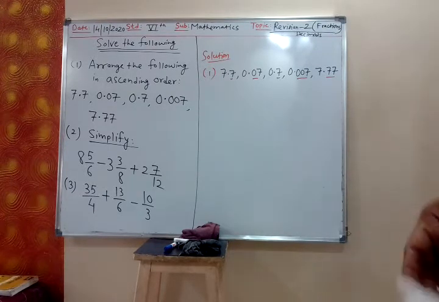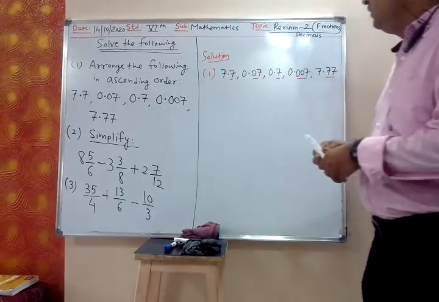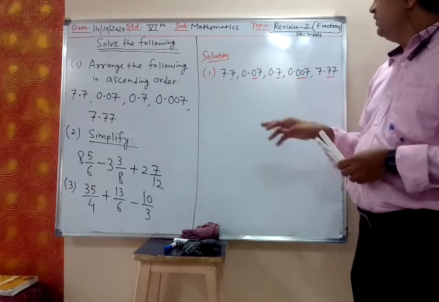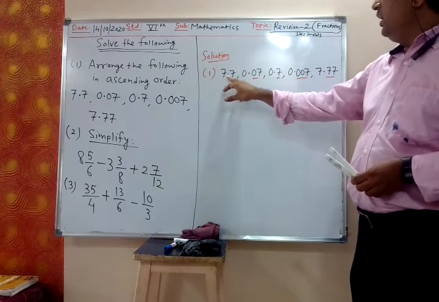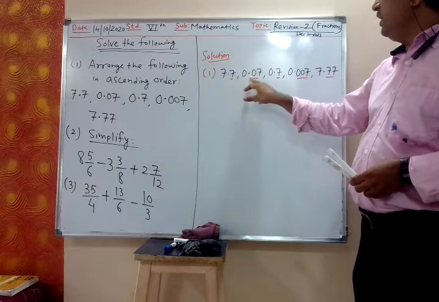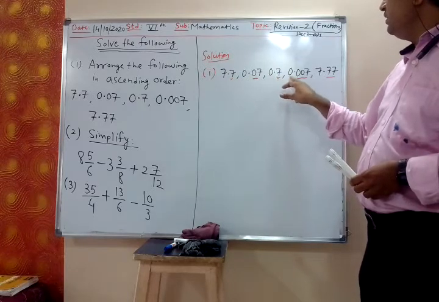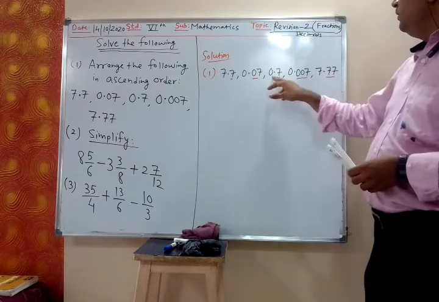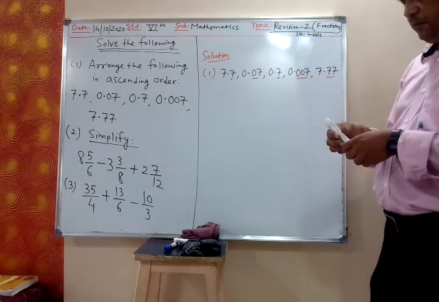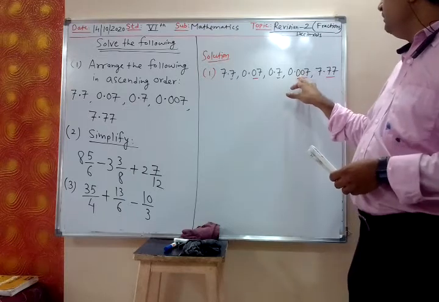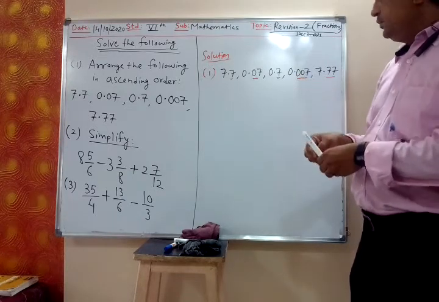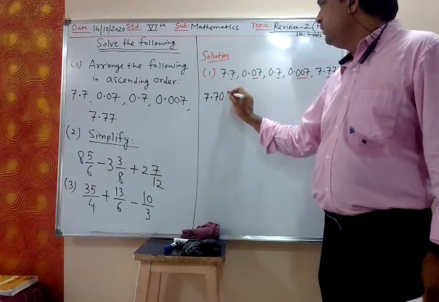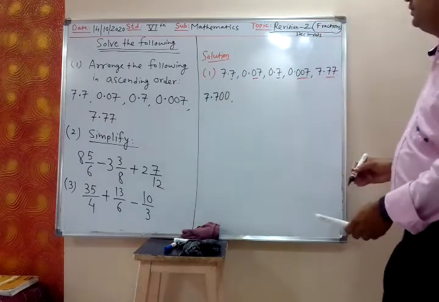After the point the maximum number of digits is 3, so we want 3 digits after the point. This 7.7 we write as 7.700.